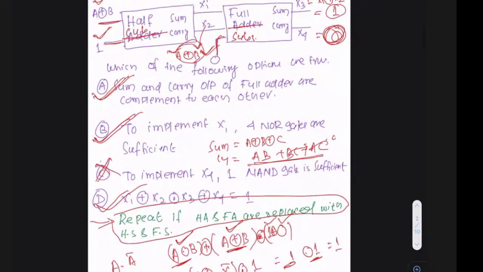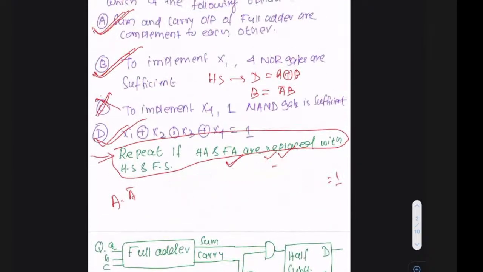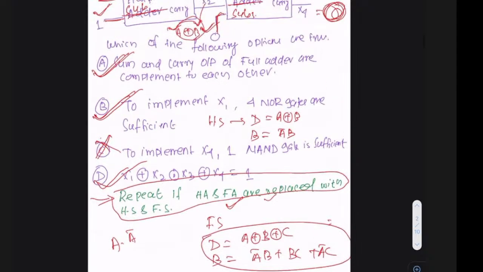The only difference in this case will be in a half subtractor, the difference expression is again A XOR B, and the borrow expression is A bar B. And in case of full subtractor, the difference expression is A XOR B XOR C, and the borrow expression is A bar B plus BC plus A bar C. So again the same story has to be repeated.